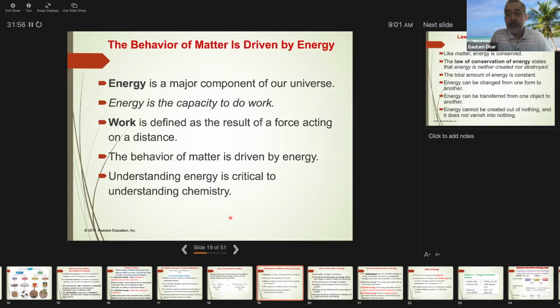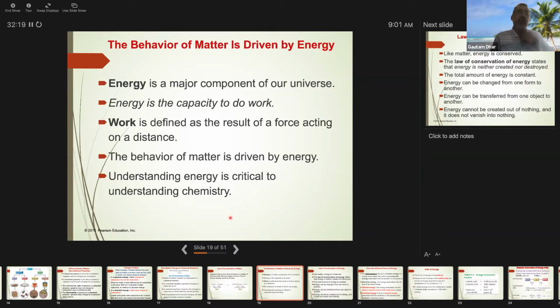So the energy equivalence that is around in the universe is 90%. It's a huge amount. So we really don't understand much of how nature works. But yeah, we really cannot ignore energy when we are talking about matter.